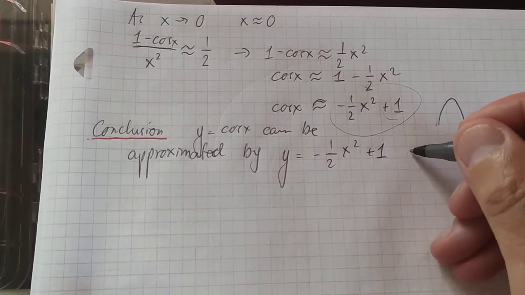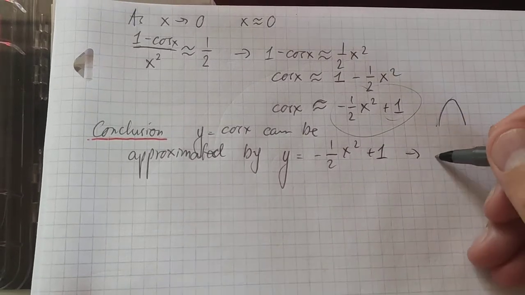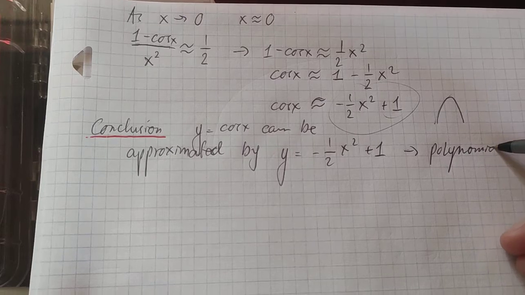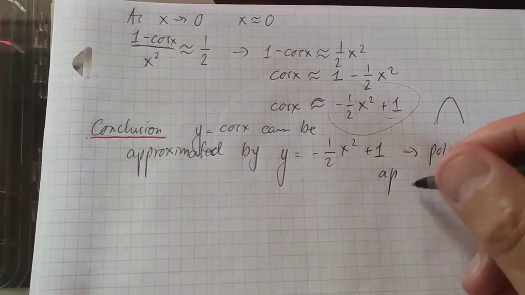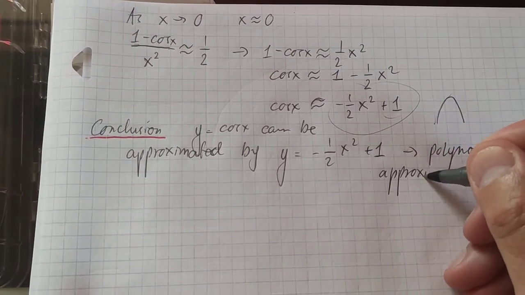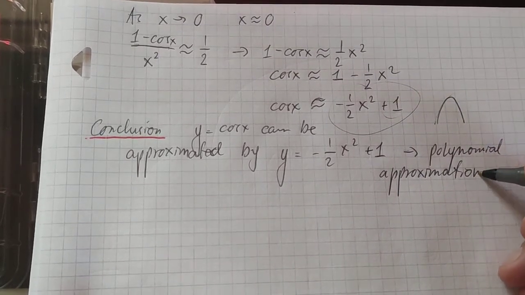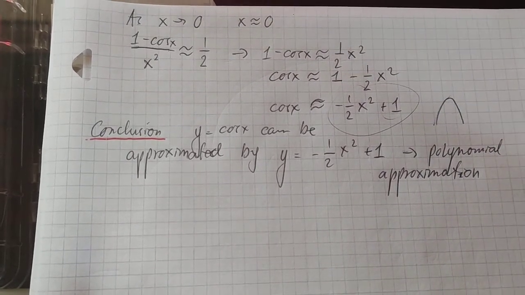Okay, so this process is called polynomial approximation. Okay, so we'll be doing this type of approximation with all kinds of functions.